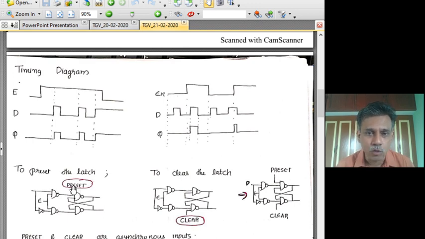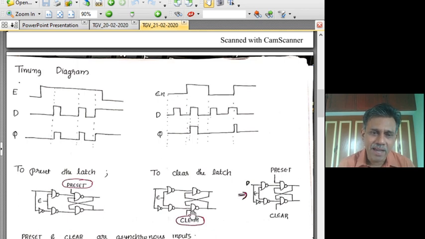So we should actually call it preset bar. The bar comes because it is active low. The distinction between synchronous and asynchronous input will become clearer when we talk about synchronous circuits a little later.